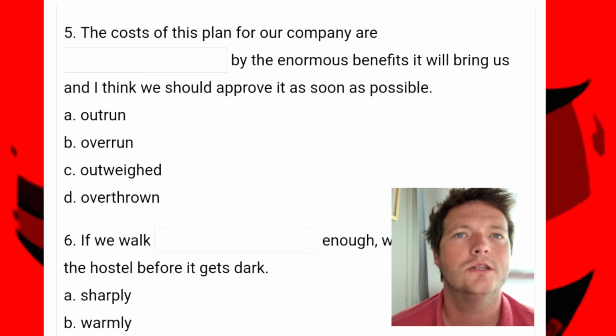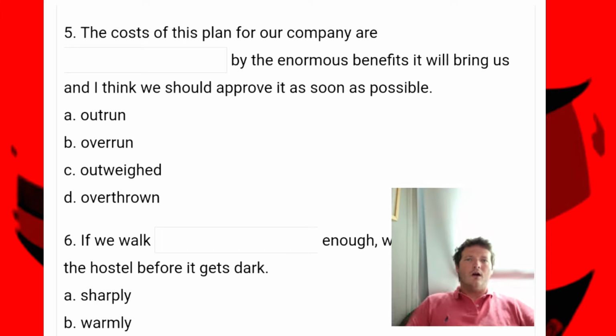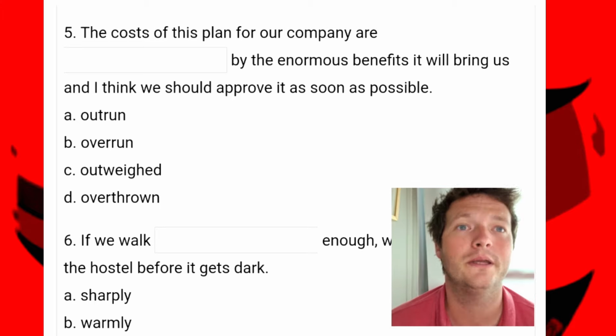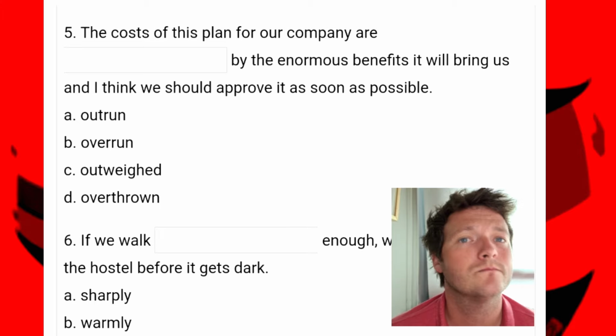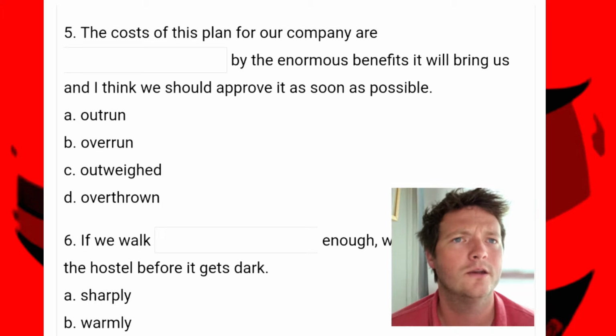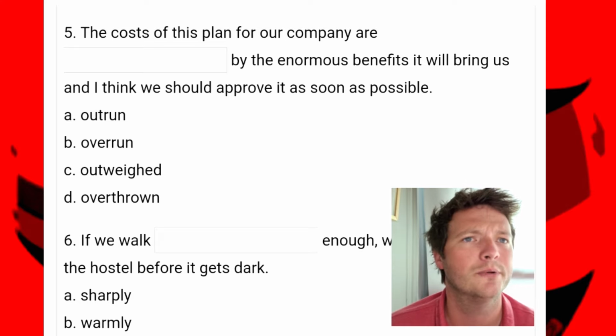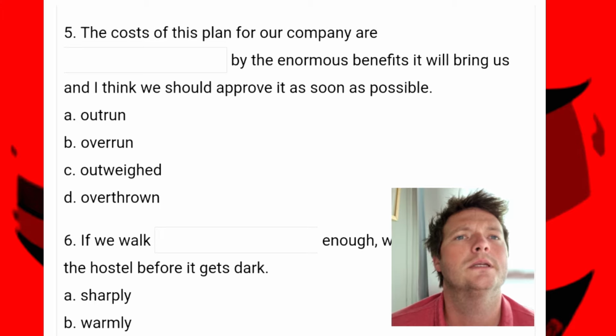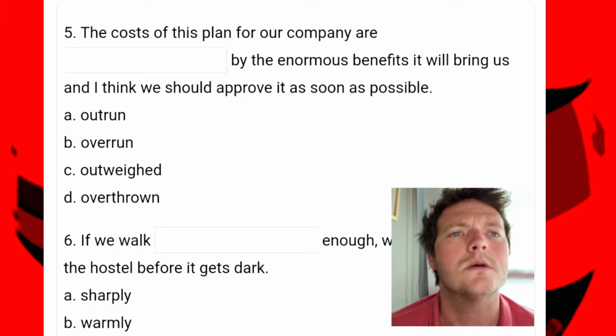All right, so let's move on to number 5. The costs of this plan for our company are outrun, overrun, outweighed, overthrown by the enormous benefits it will bring us. And I think we should approve it as soon as possible.